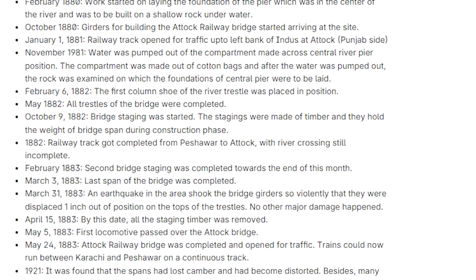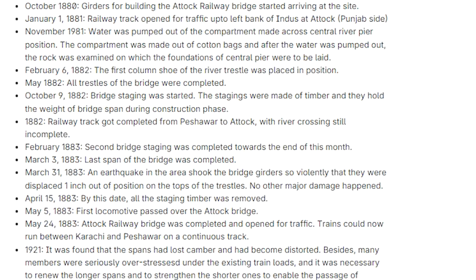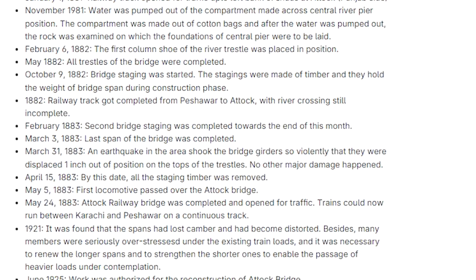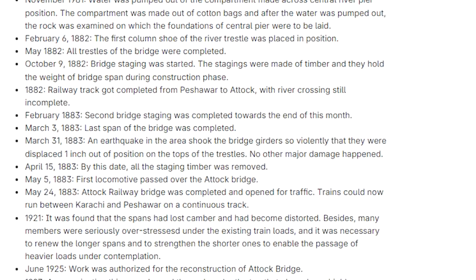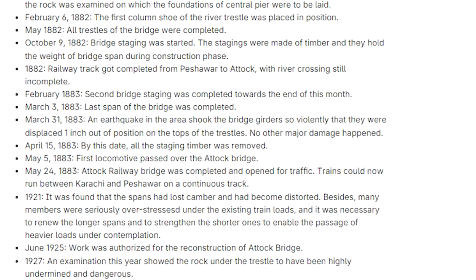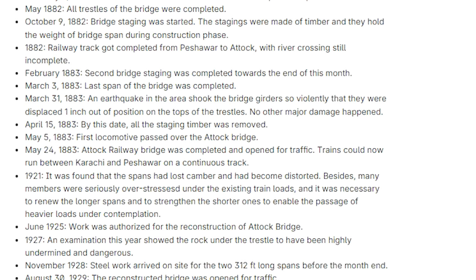Although in 1881 they were transporting the goods, as I told you, in the underneath section of the Attock bridge. Although the train went in May 1883, underneath they were transferring the military goods. So that is the significance which I am emphasizing again and again.